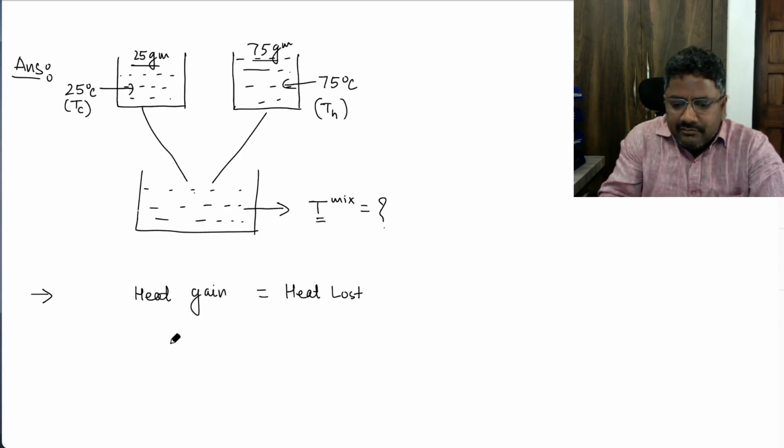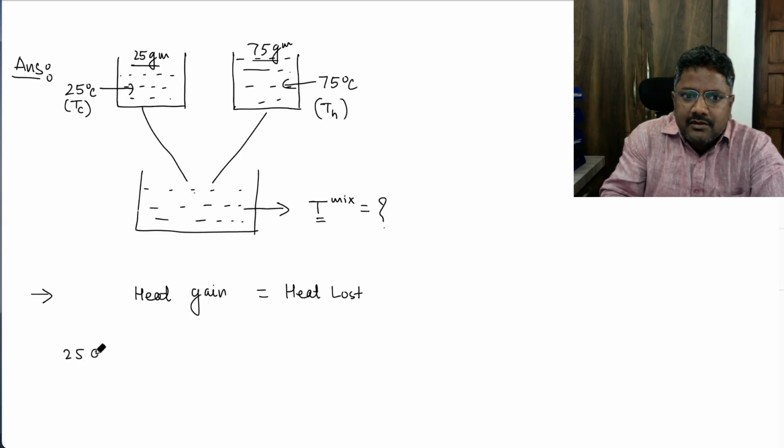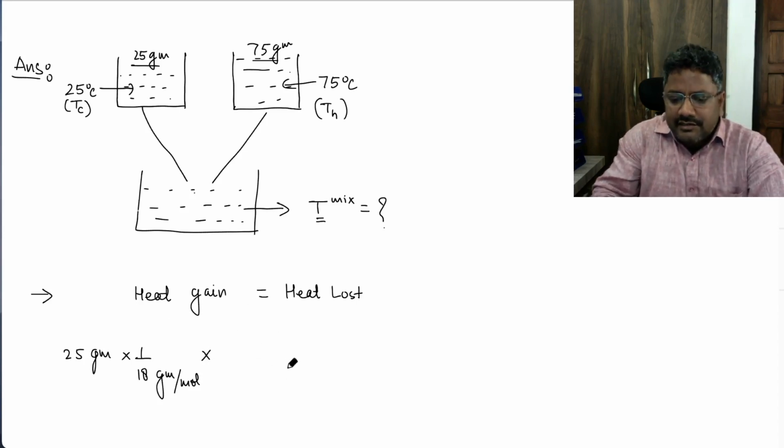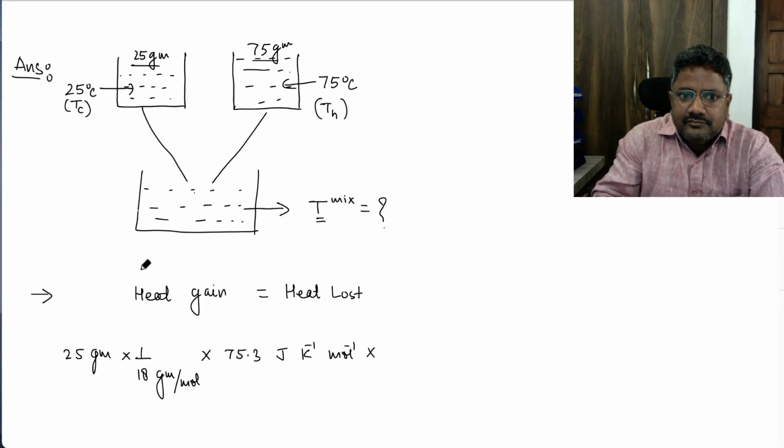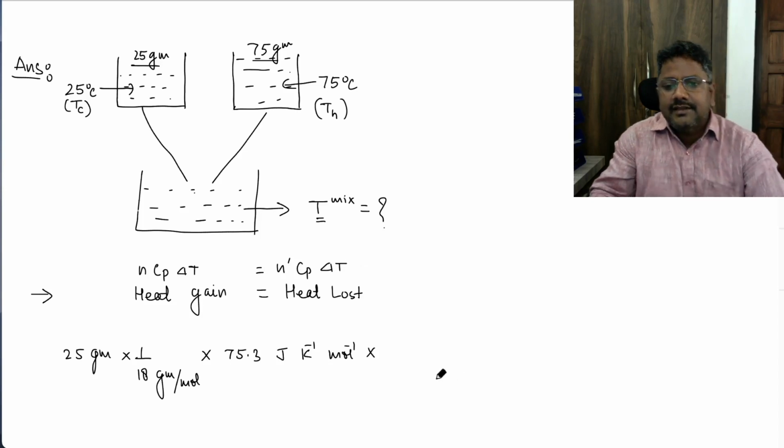See, 25 gram mass is given, so 25 gram water, divided by 18 grams per mole, gives the moles of water, multiplied by Cp, which is given as 75.3 joules per Kelvin per mole, and delta T. So n Cp delta T for this, and here n dash Cp same and delta T, right?